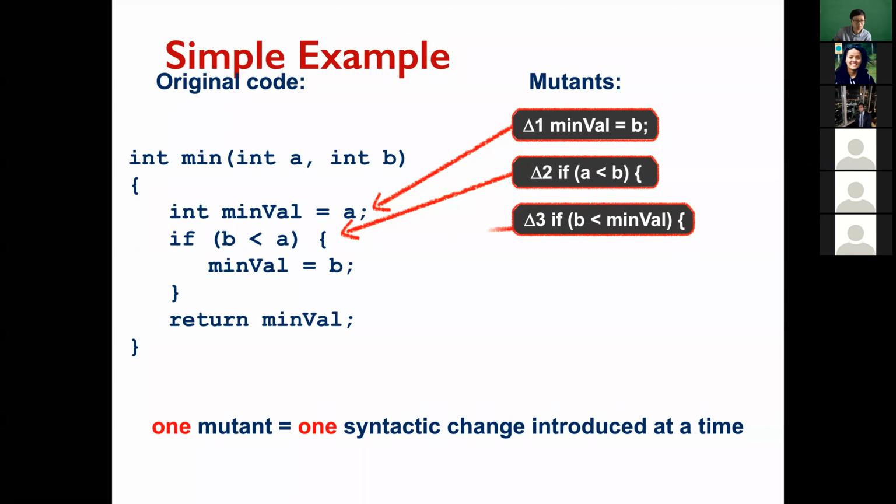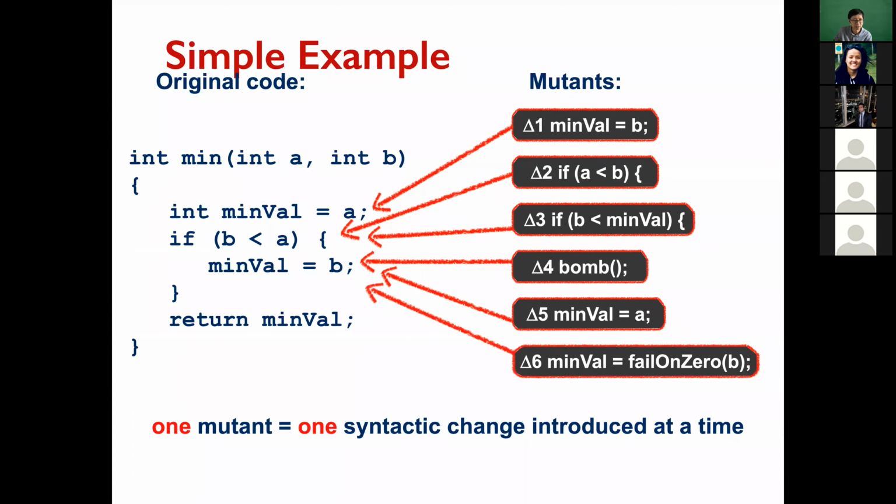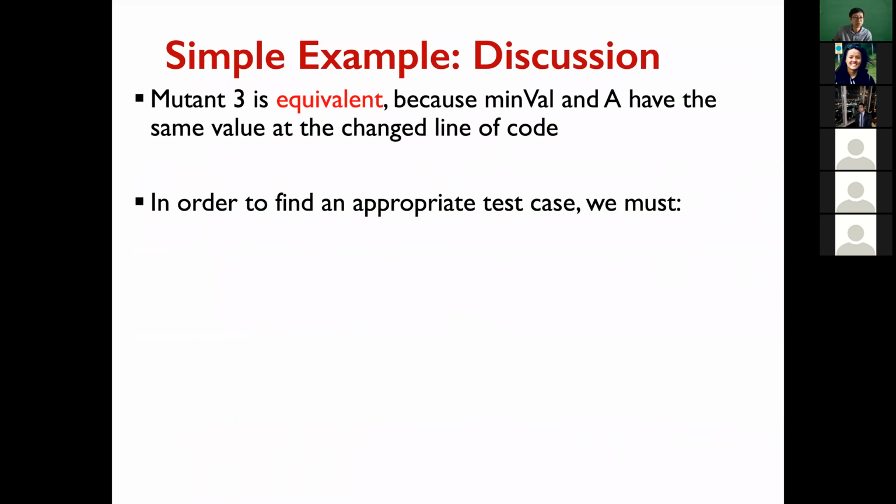There's another mutant. Third mutant is similar. Fourth mutant, we add one more method call, right? Fifth mutant, we change the assignment to mean value, okay? We do one change at a time, okay? And then we have another mutant as well.